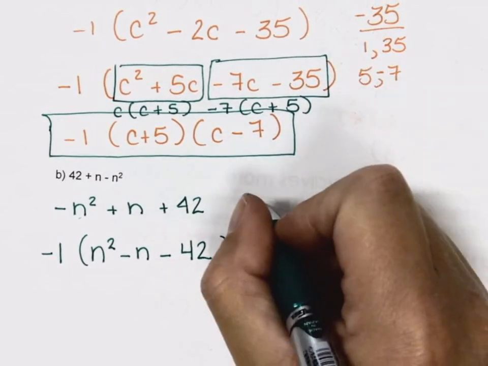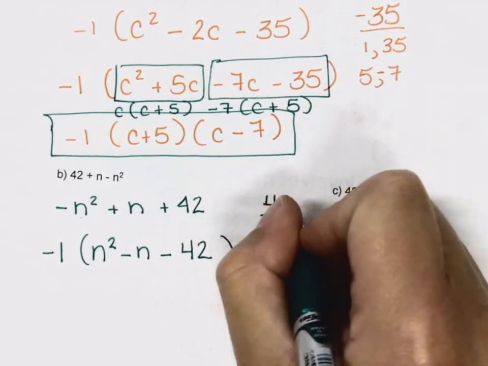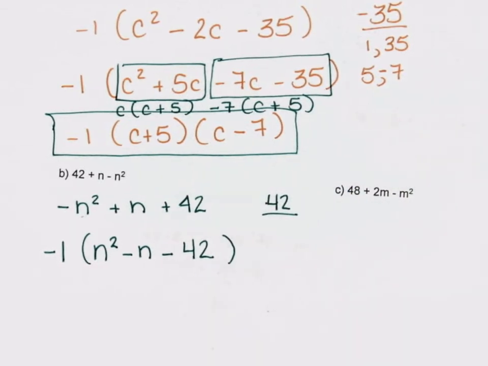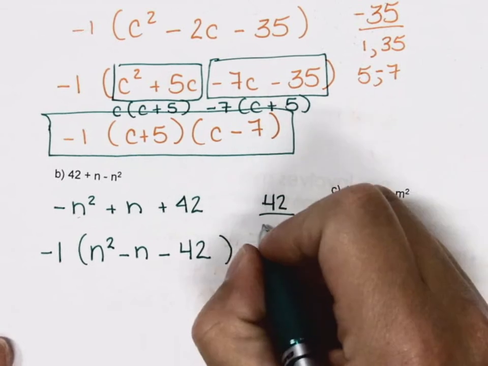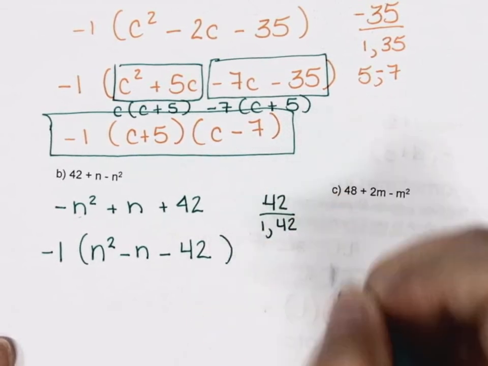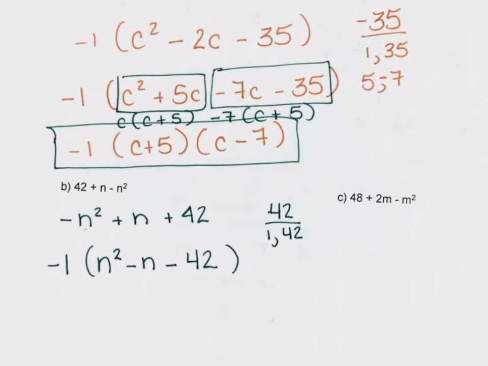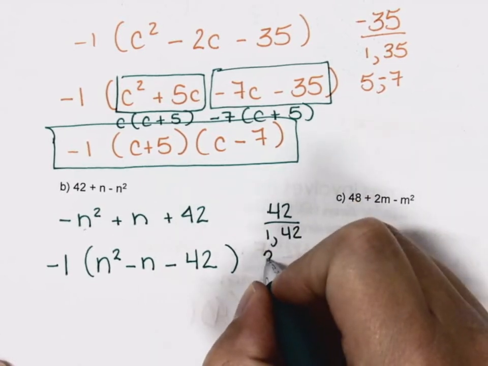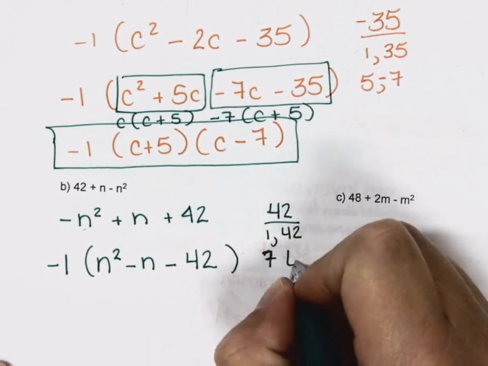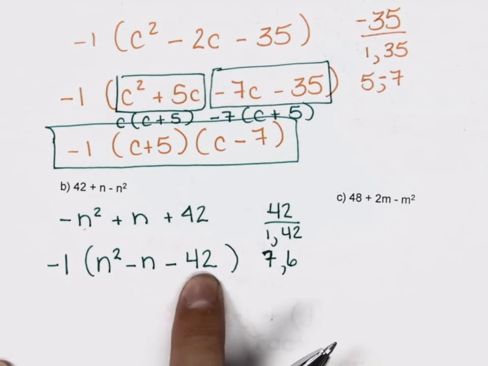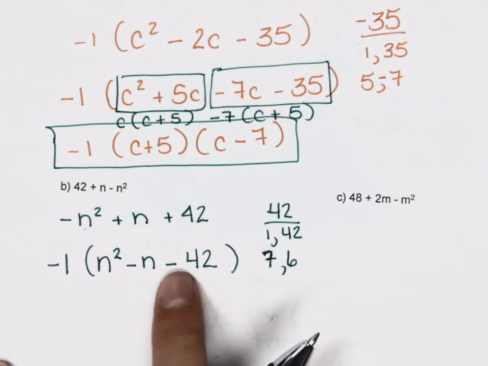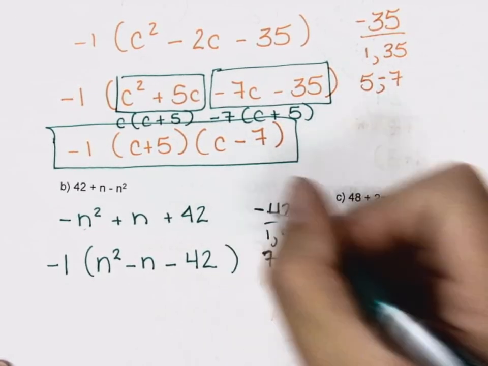So what are the factors of 42? I'll do the first one. I know it's the hardest one. 7 and 6, I like it. So we have 7 and 6, but we're not looking for a positive 42 because that's a subtract. This is going to be a negative 42.